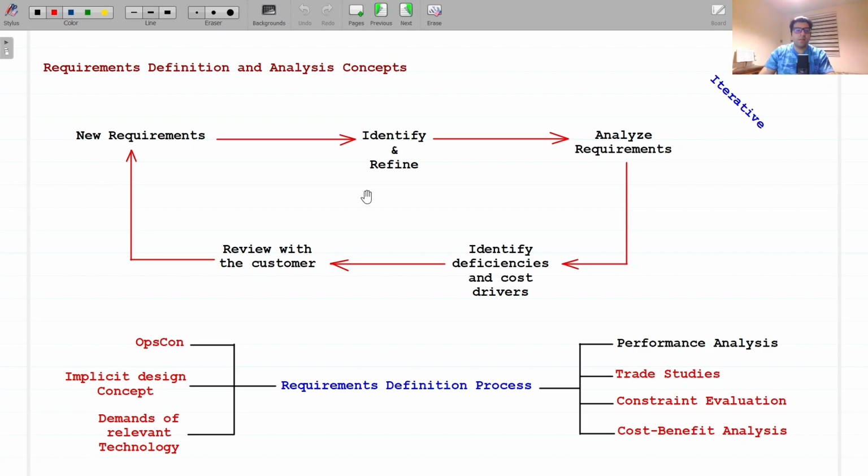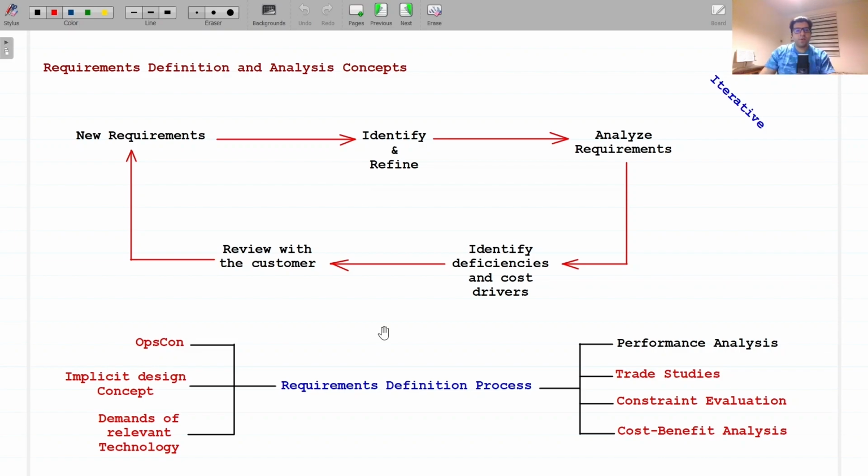Requirements are not developed in a vacuum. An essential part of the requirements development process is the OPSCON, the implicit design concept that accompanies it, and associated demands of relevant technology. Requirements come from a variety of sources, including the customer or users, regulations or codes, and corporate entities.